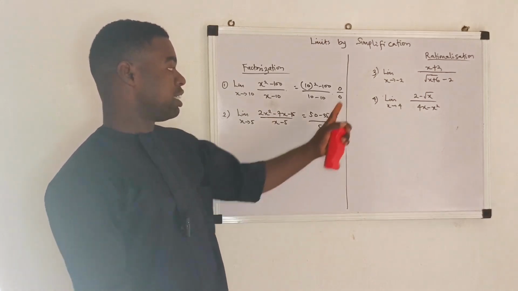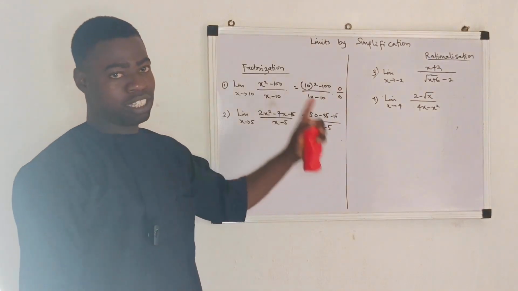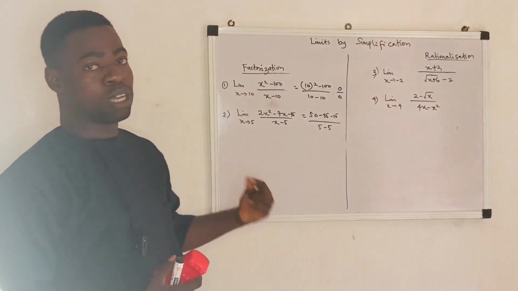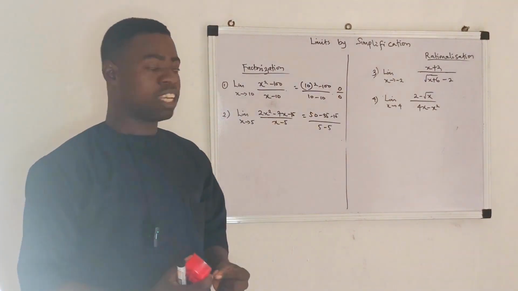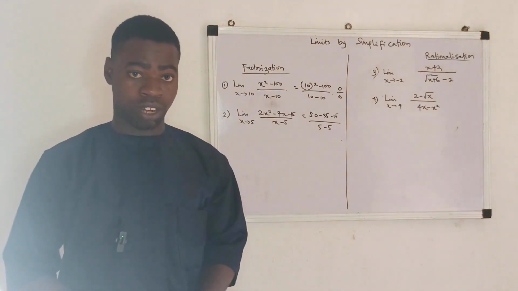So you have the same case of indeterminate as the first one, 0 divided by 0. In that case, we move to the method of simplification, specifically the factorization method, because this is a polynomial.